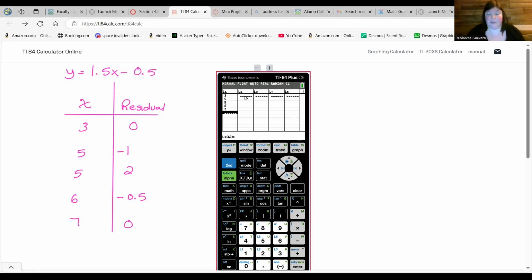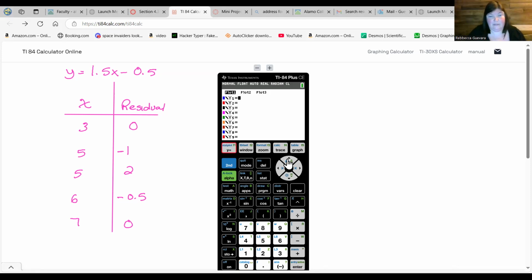Those residuals that we calculated earlier were 0, -1, 2, -0.5, and 0. I hit something wrong there, so let me go back and do that. 0, and then -1, there's my mistake, 2, -0.5, and 0.